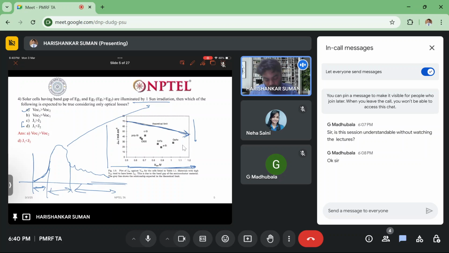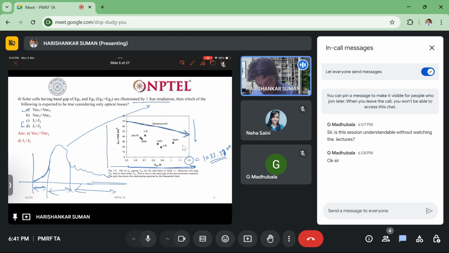For 0.5 eV and 1.2 eV, please find the first wavelength. This wavelength is 1240 divided by 1.2 nanometer.